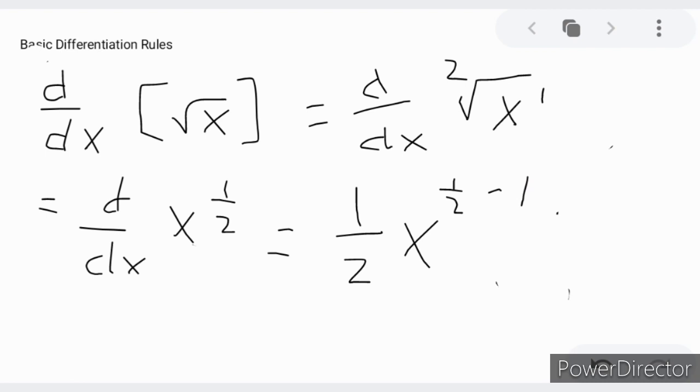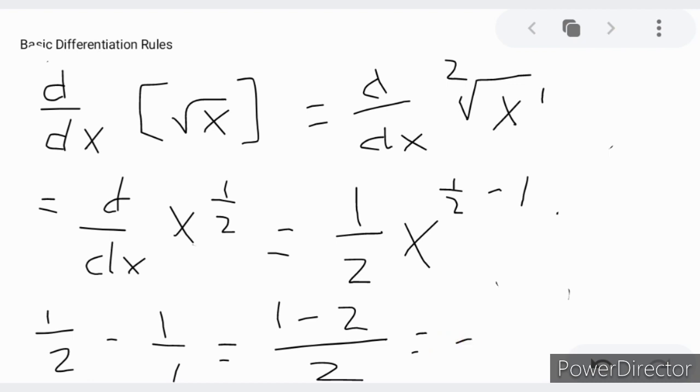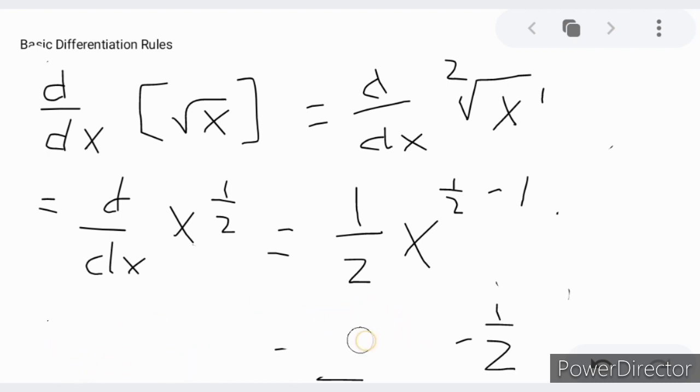All we need to do now is to compute 1/2 minus 1, or 1 over 1. Get the LCD, which is 2. 2 divided by 2 is 1, and 2 divided by 1 times 1 is equal to negative 1/2. So therefore, 1/2 minus 1 is equal to negative 1/2. As we proceed to simplify our answer, we have 1/2 times x raised to negative 1/2.